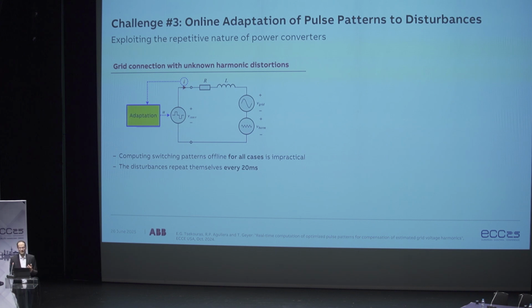If they're not accounted for, they will lead to a large current ripple, because you apply a voltage that assumes the load is sinusoidal. Any harmonics in the load that you are not mimicking, that you're not adapting to, will lead to a significant increase in the current distortions.